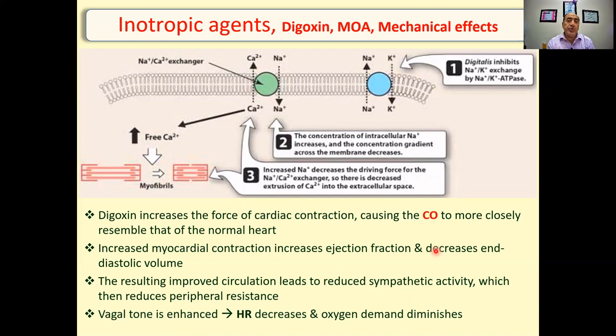The second thing is the reduced sympathetic activity, because now there is good circulation. When we talked about the compensation, the baroreceptor, now the circulation is okay, so the baroreceptor will inhibit the sympathetic activity. And sympathetic activity, as you know, activates the beta receptors in the juxtaglomerular cells to produce renin and the whole RAS system.